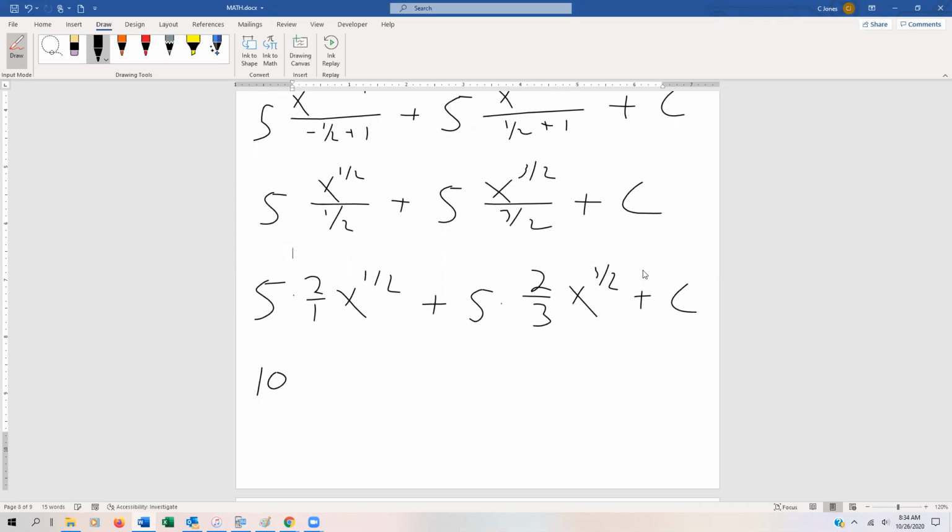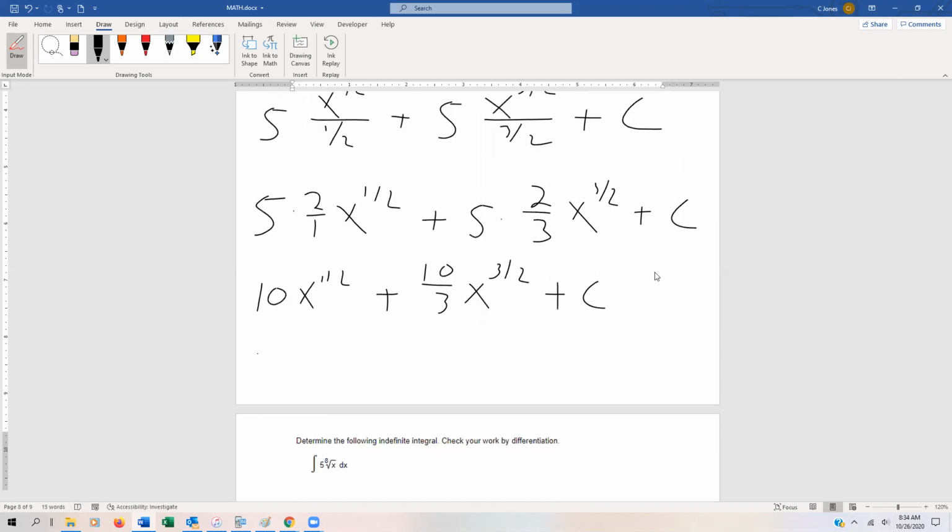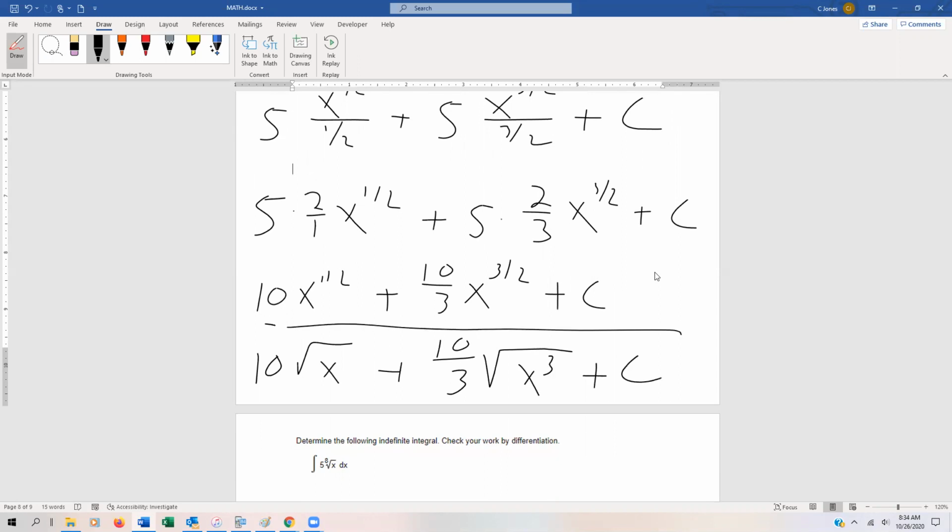So 10x to the 1/2, because 5 times 2 over 1, plus 10 over 3x to the 3/2 plus c. Or one final way to write this would be 10 square roots of x plus 10/3 square root x cubed plus c.